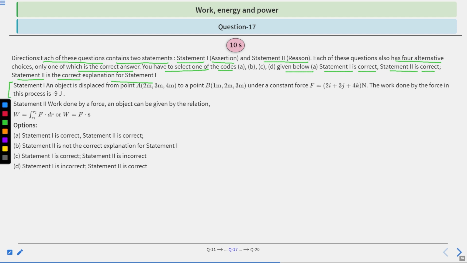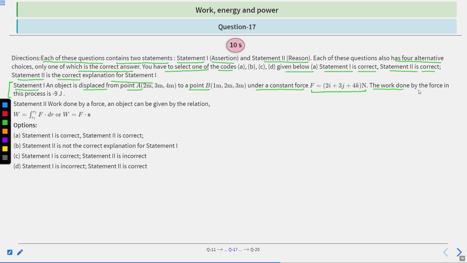So the question is statement first. Ignore this thing. Clear? So statement first: an object is displaced from point A to point B under a constant force. The force is F equal to 2I cap plus 3J cap plus 4K cap Newton.